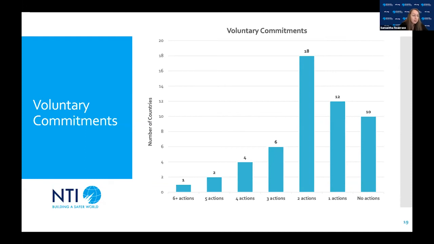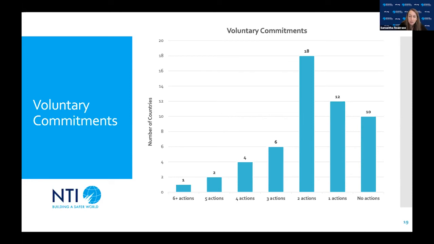And in this part of the index, we actually look at 9 different activities that countries can take voluntarily, but we set a maximum score of 6 because we know that not all countries perhaps can do all these things.